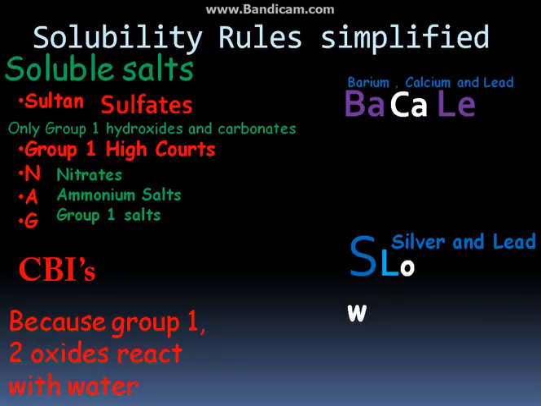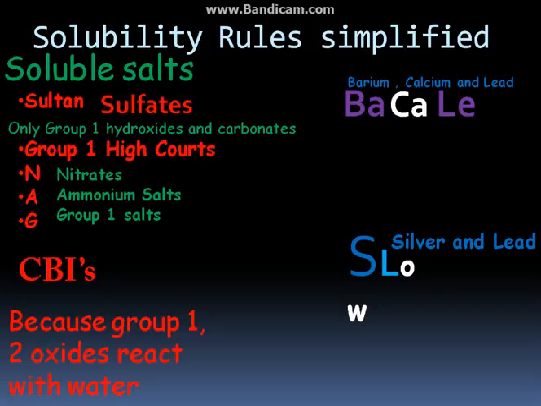So Sultan Bakali, Sultan is sulfates, Bakali is the exception, barium, calcium and lead. Group 1 high coats tells us it's only Group 1 hydroxides and carbonates that are soluble. NAG stands for all nitrates, ammonium salts and Group 1 salts.